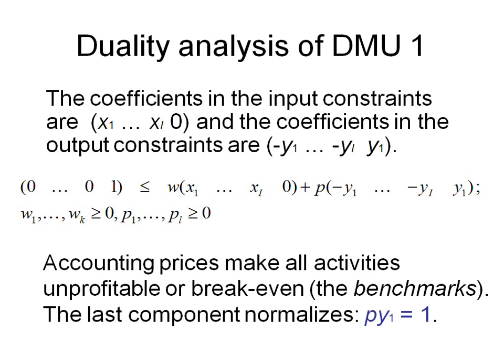So we are interested in the i's such that theta I is positive. So we are interested in the techniques with slack in a non-negativity condition. If there is slack in a non-negativity condition, there is no slack in this dual condition. So the benchmarks break even. Okay? And the other activities will be unprofitable.